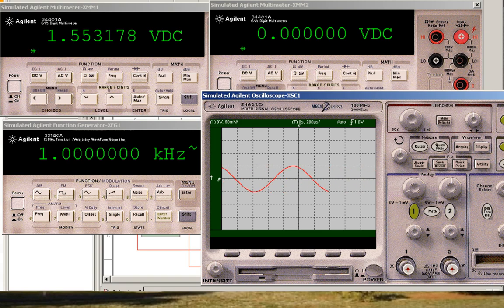Oh, it's 100 millivolts peak to peak. We have to look at channel 2. So this circuit's got some issues. Why is that clipping up there?